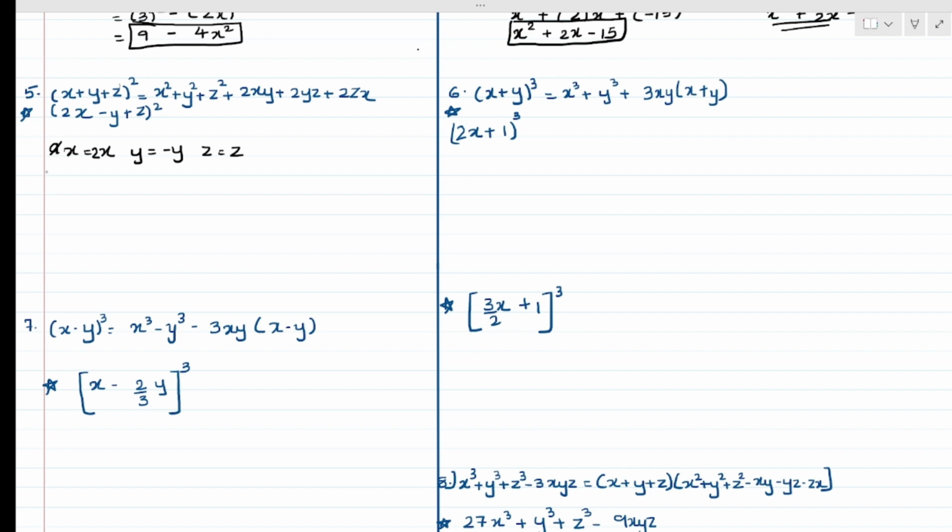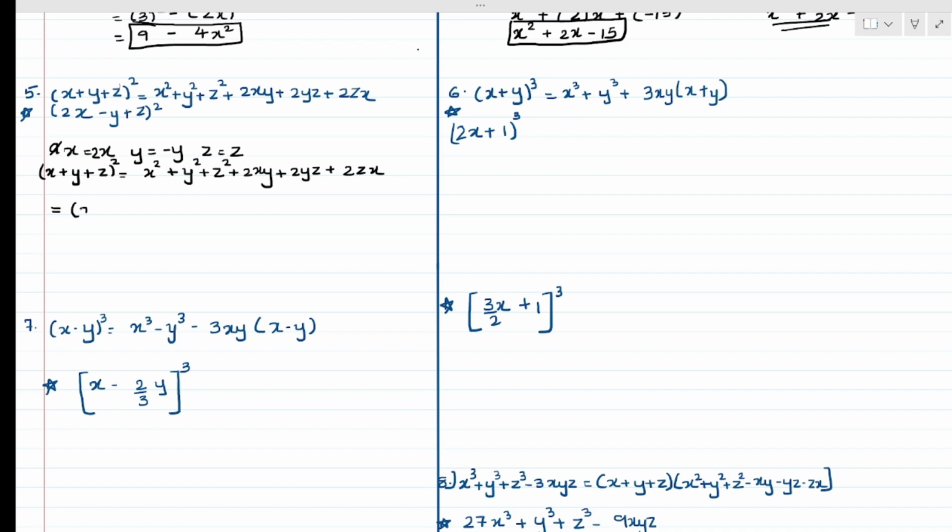As our identity says, (x + y + z) the whole square equals x square plus y square plus z square plus 2xy plus 2yz plus 2zx. So let's substitute.